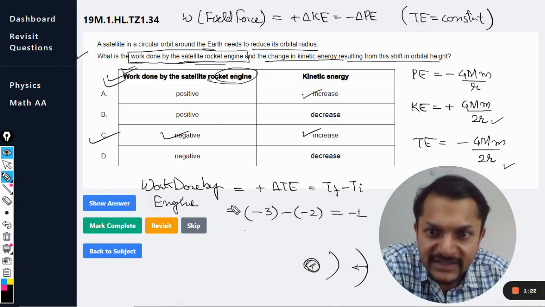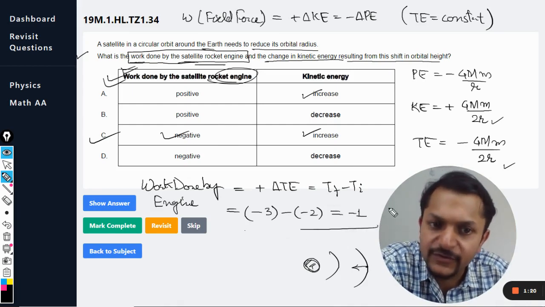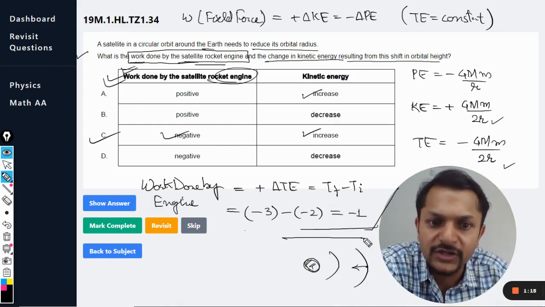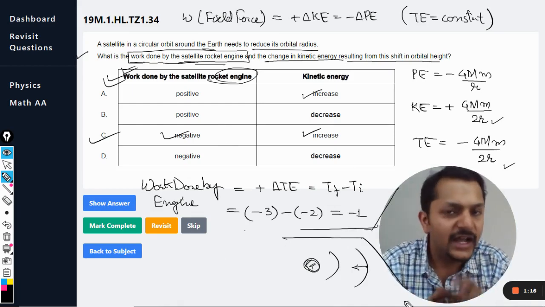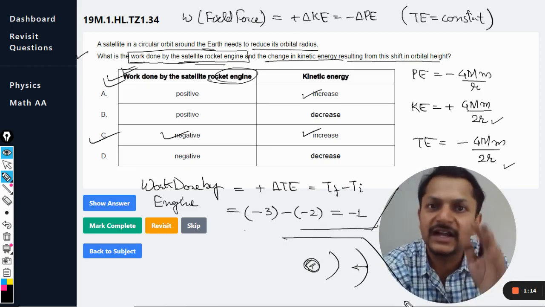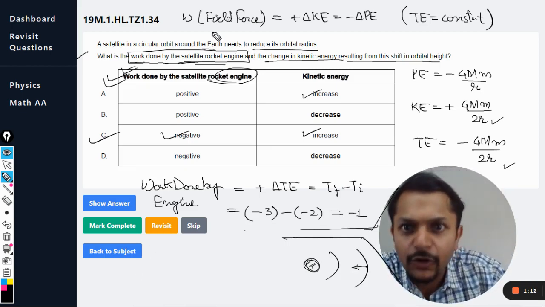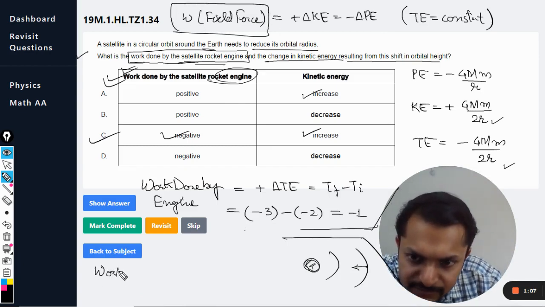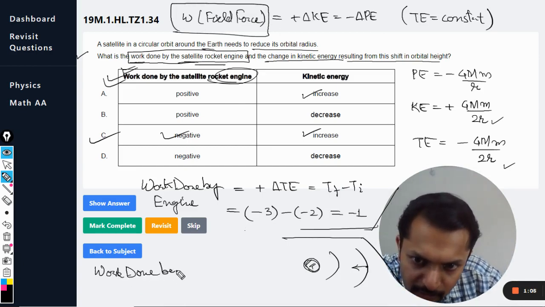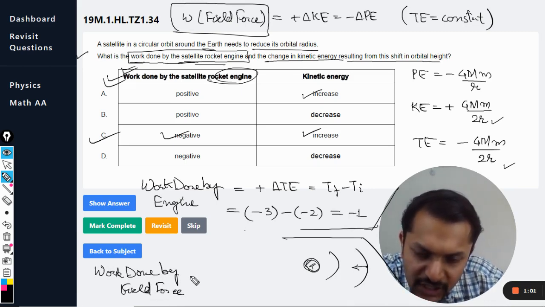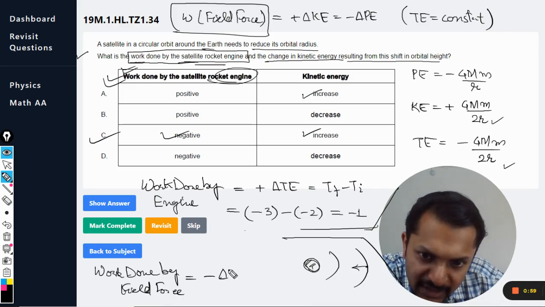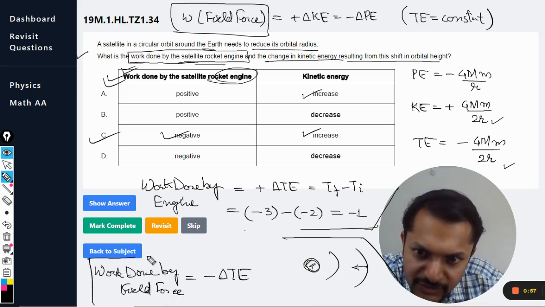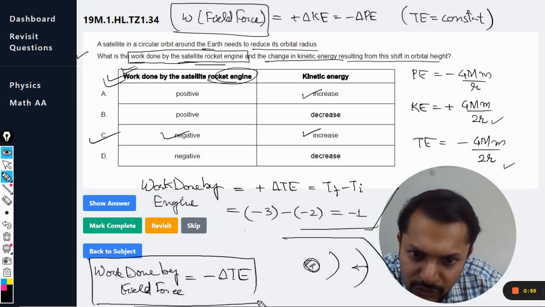So again, we have reached the same conclusion. So one theory is this, that you can find that yes, work done is indeed coming out to be negative. Other theory is this, that you can just think on it and you can reach the conclusion whether the work done is negative or positive. Another thing I want to say is, this is the work done by field force. So there is another formula: work done by field force will be equal to minus of the change in the total energy.